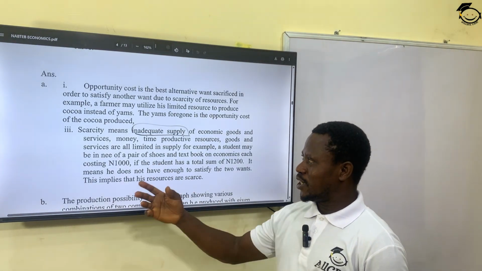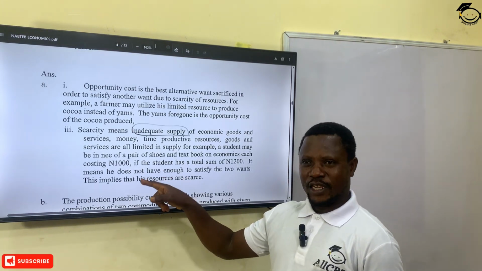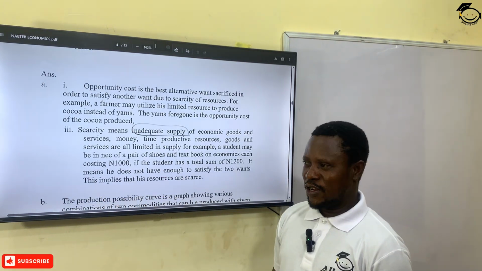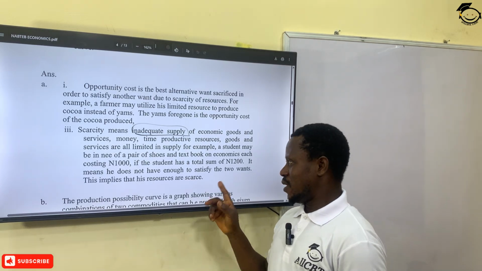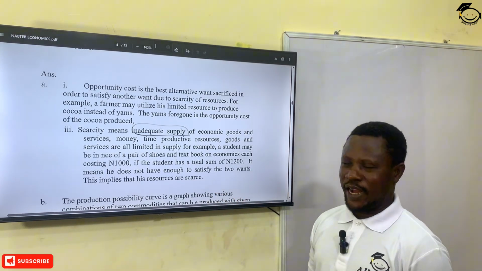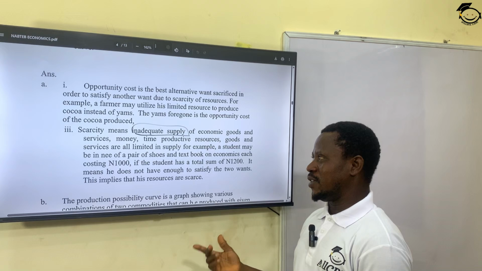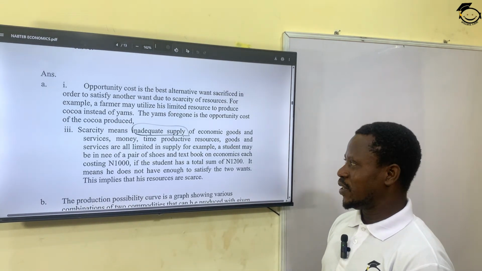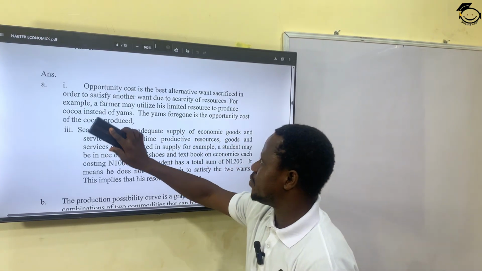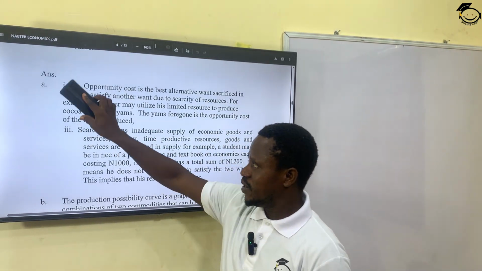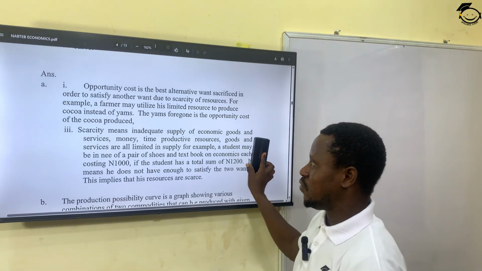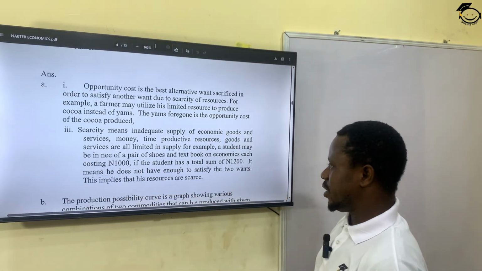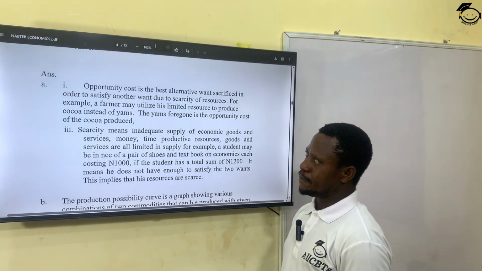So the best alternative forgone is the shoe left unbought, while the choice, the satisfaction, is the textbook. And he has to sacrifice this because there is inadequate supply of resources at her disposal, as at the time she needed two of them. As at the time. Time is a factor. We must not underrate that. Time is a factor. Okay?